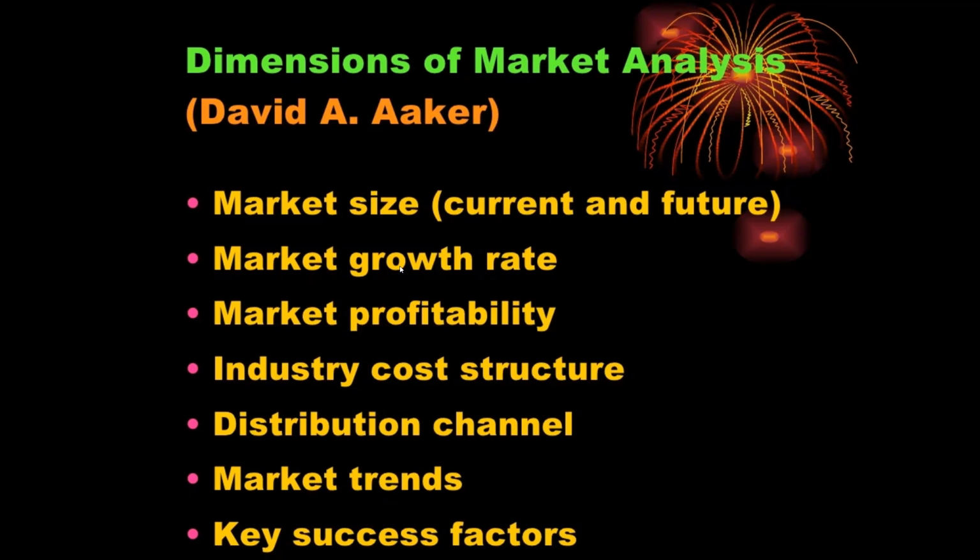And then you also have to look at the market trends. We talked about that. What are the key success factors? The distribution channel. I want to not just use Apple and Android, but Apple has a very well-oiled machine, like the Apple App Store, right?